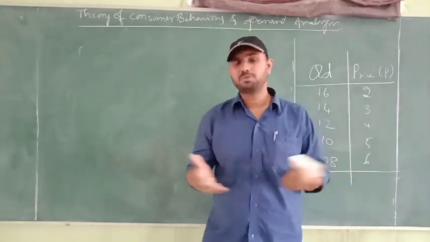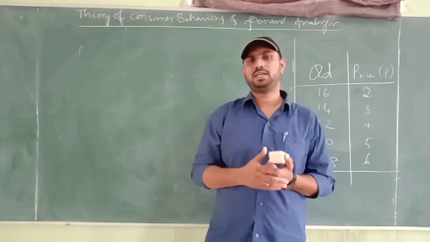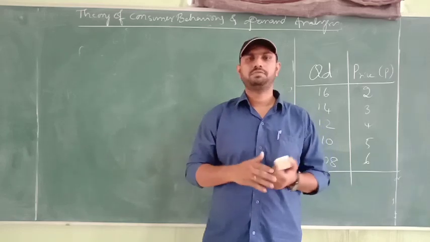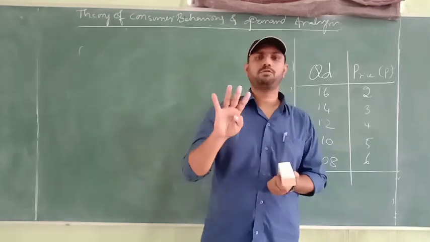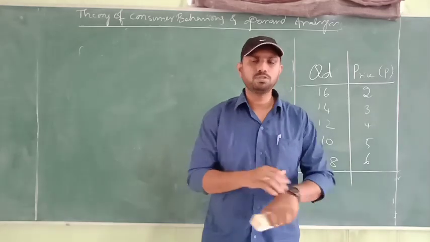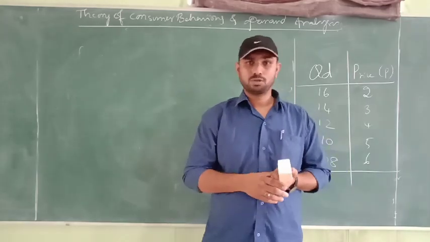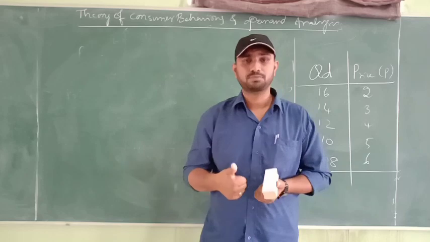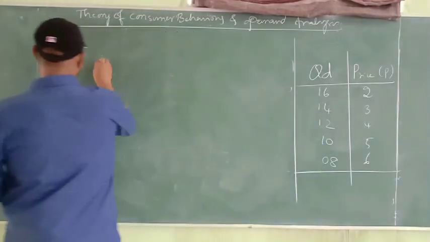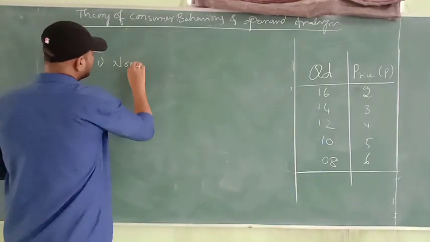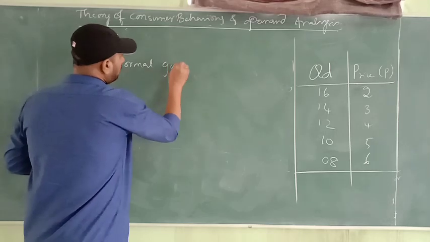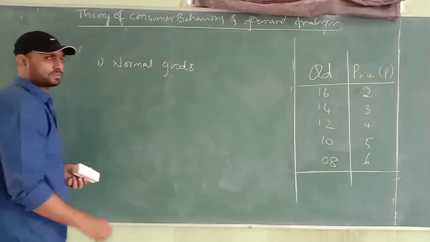There are a number of types of goods, but for our subject study in economics, for demand analysis, there are 4 types of goods. How many types of goods? 4 types of goods. Coming to the first one, normal goods.